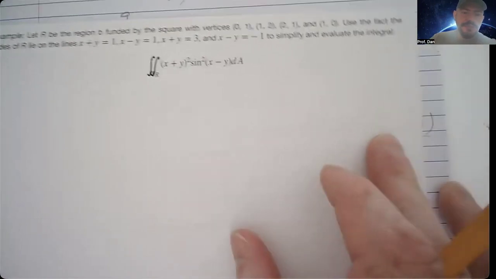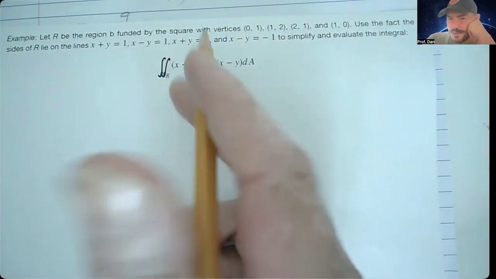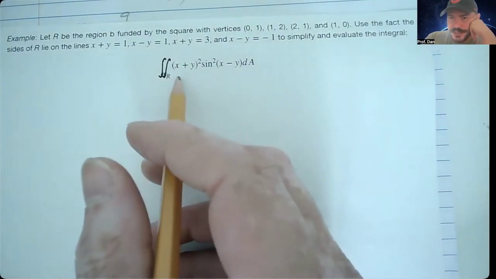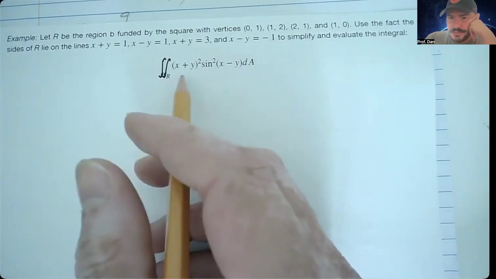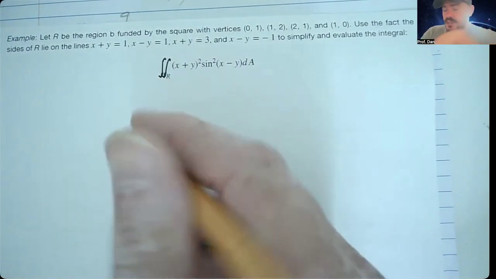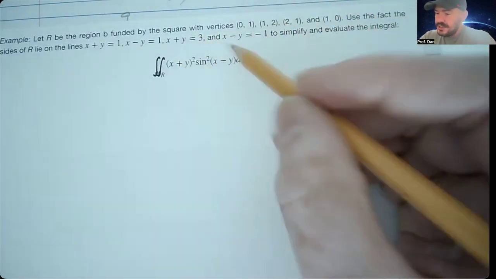So here we're given a region R. We are told a bunch of stuff that is going to be helpful for us to do a change of variable. Because looking at that, that looks pretty disgusting. So one thing is that they give us that R is a square region.